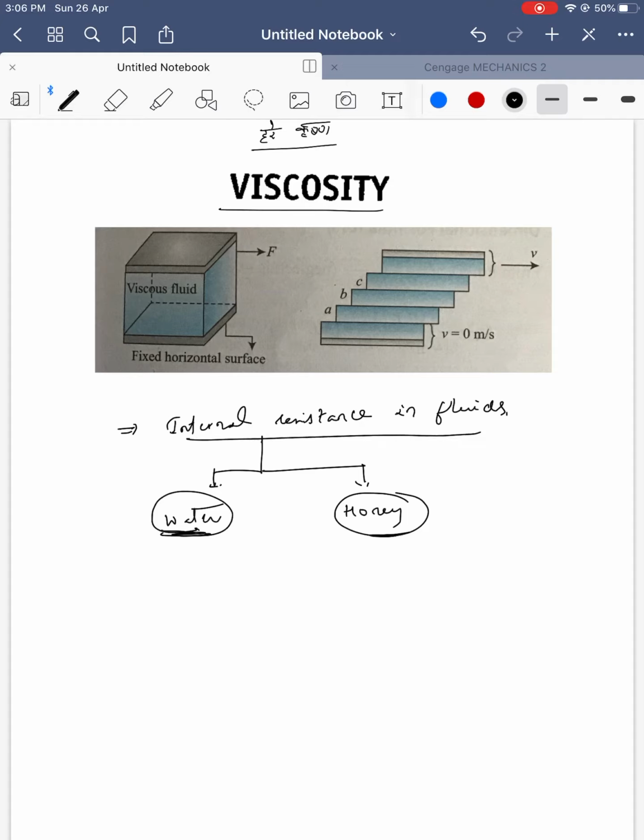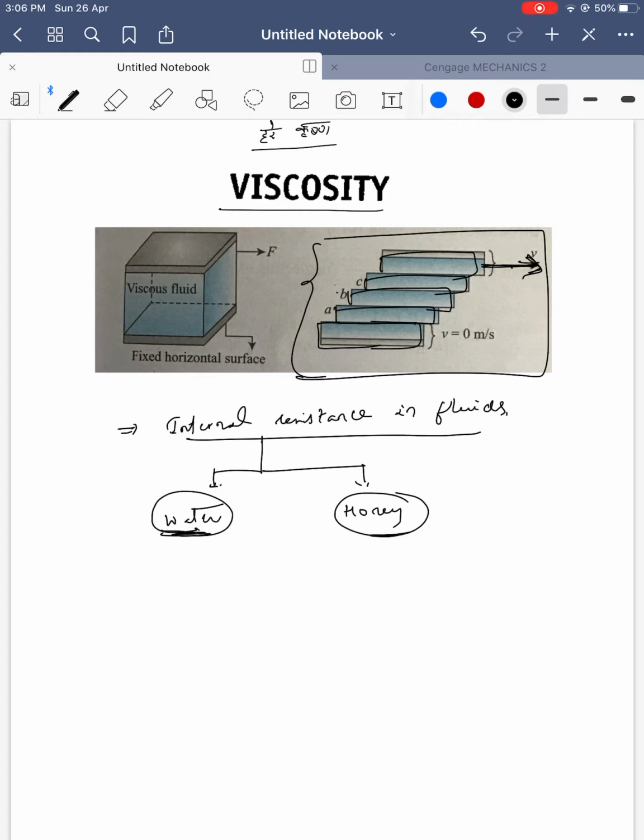Say if you consider fluid layers, see this diagram. The fluid layers are just like cards, one over another. Fluids are arranged one over another. If a fluid is trying to move in the forward direction, there will be some opposite force internally.